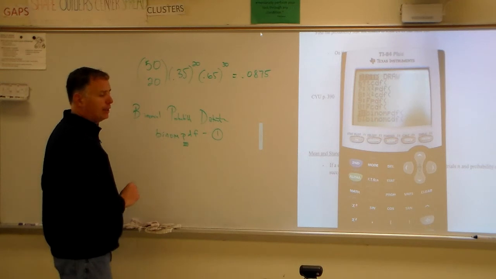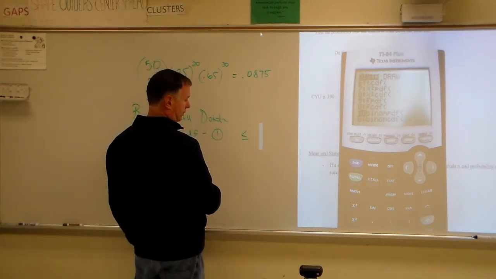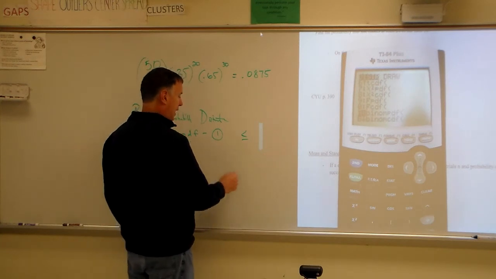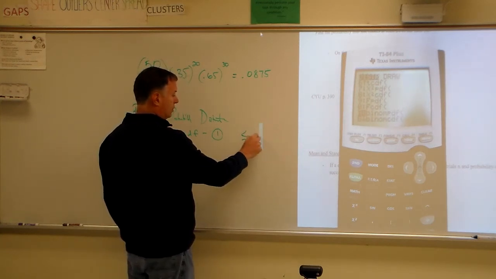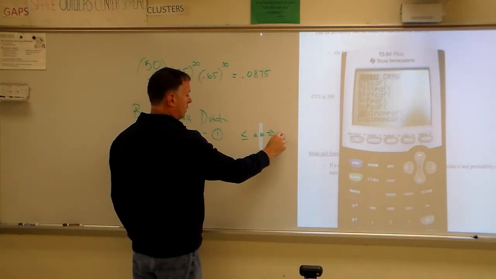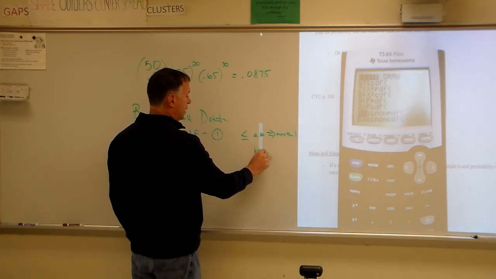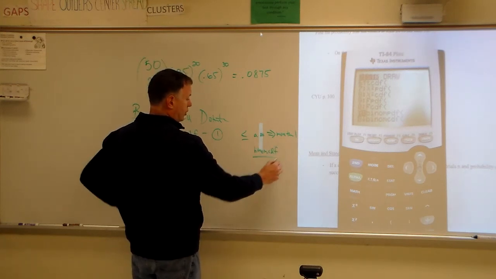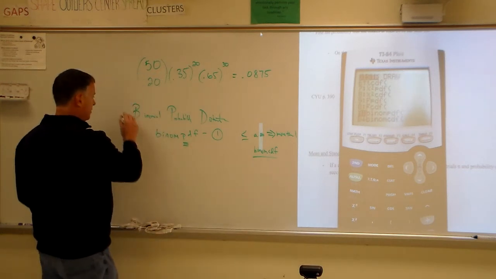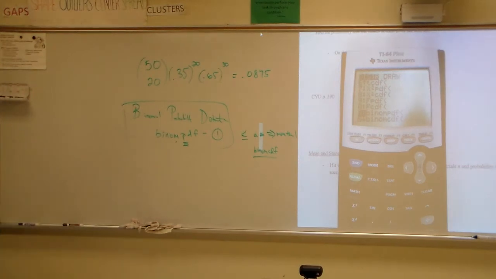If you're looking for something that's less than or equal to a number, which means more than one value, then you want binom CDF, and I'm going to show you that in a minute. But for right now, we're concentrating on binomial PDF. So you go to that binomial PDF, you hit enter.